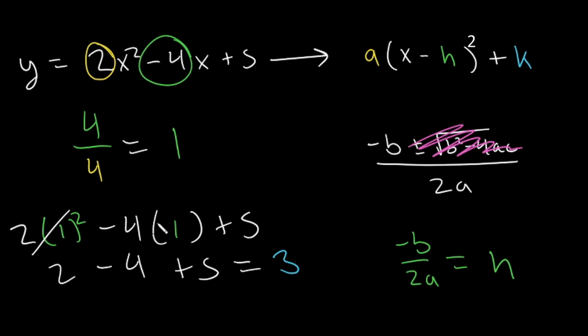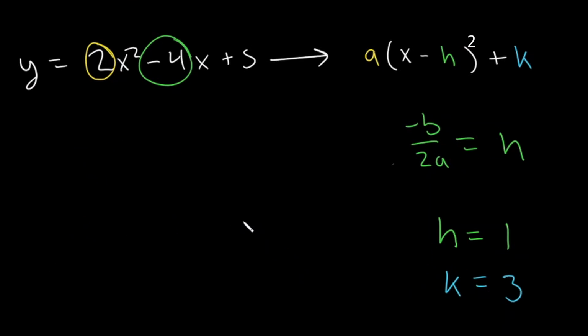So now if I just clean this up a little bit. We have h is equal to 1 and k is equal to 3. So our vertex would be 1, 3. But now we have all the parts to write this in vertex form. It's going to be a, which is 2. We just use the same one from standard form.